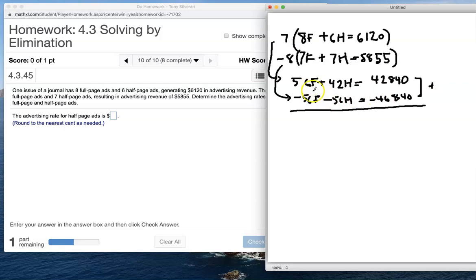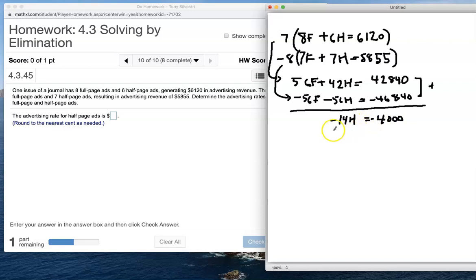Okay. Let's add those two things up. And yep, the 56F and the minus 56F go to 0. 42H plus negative 56H looks like a negative 14H is equal to, now let's add those numbers, 42,840 minus 46,840. I get negative 4,000.